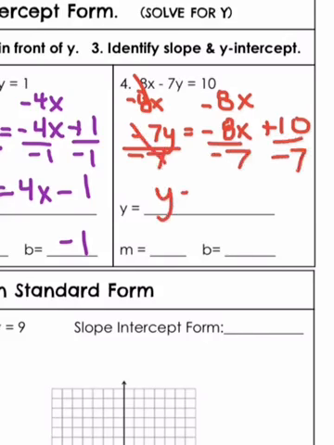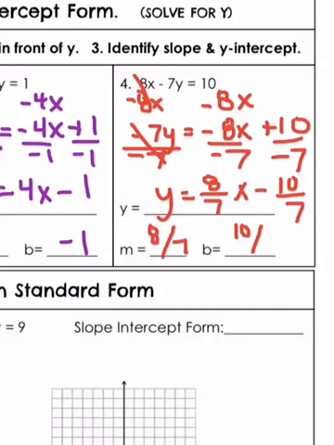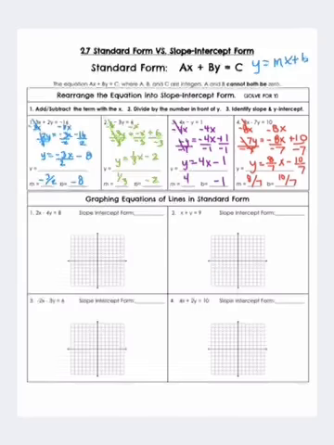All right, y equals negative divided by a negative is a positive, 8 over 7x, and positive divided by negative, negative, and we can't simplify 10 over 7, so we're just going to leave it as 10 over 7. The slope is 8 over 7, and the y-intercept is 10 over 7. And that's okay to have a fractional y-intercept sometimes.